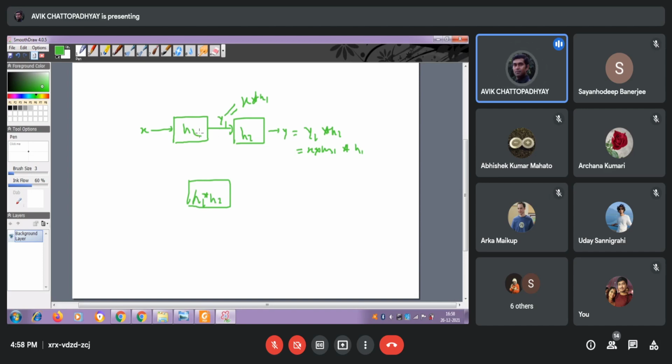And why only 2? There may be more than 2, 3, 4, 5, n number of systems. You convolve them all, so one single system is good enough. You apply x and you will get y. Whether you choose this form or that form is up to you.